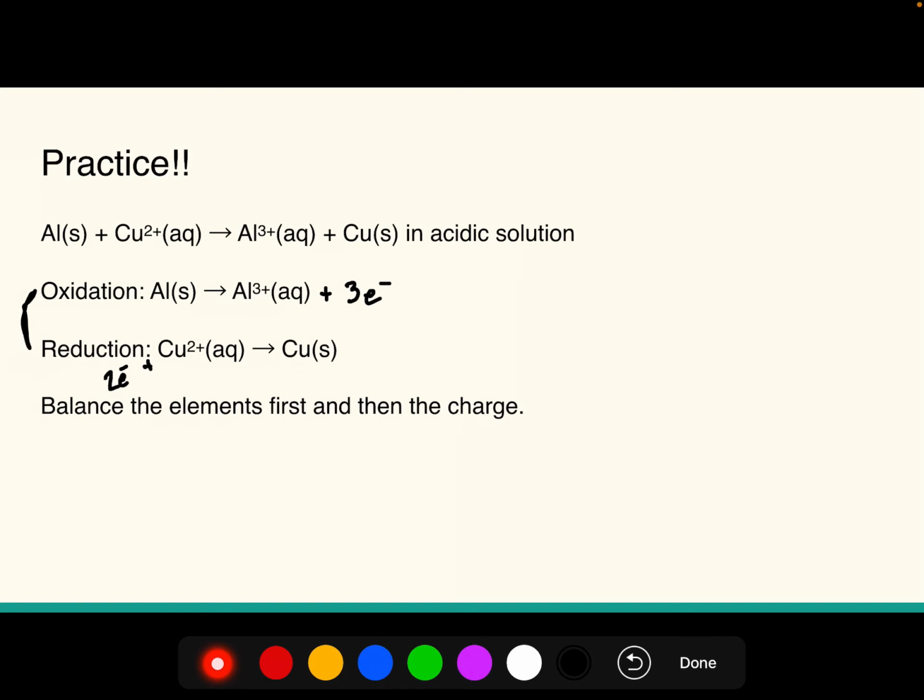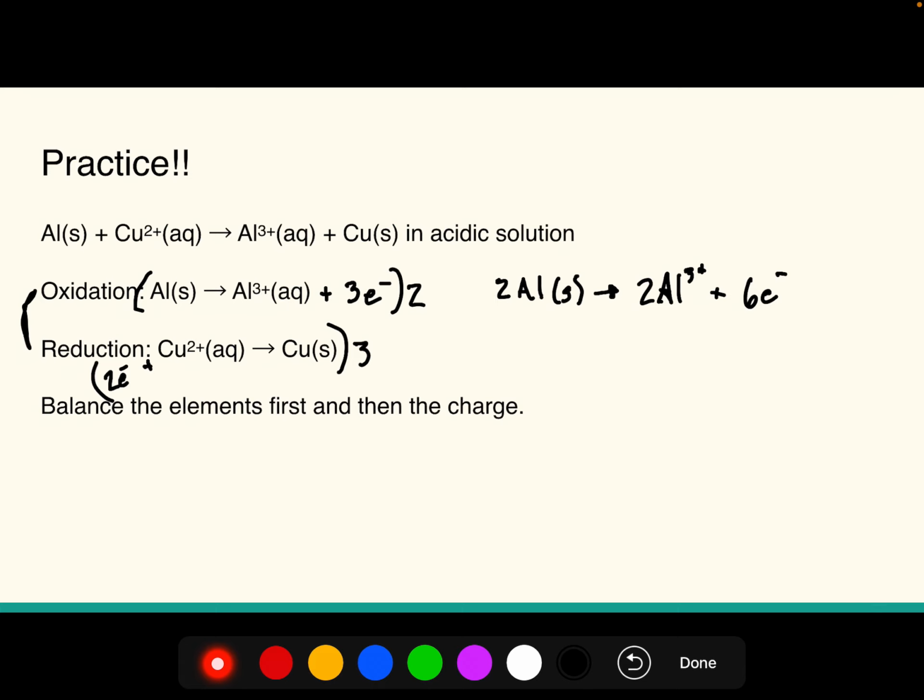Now, to recombine them, we have to make sure the amount of electrons transferred are equal. However many electrons the oxidation half gives, it's the same number the reduction takes. So we would multiply the top by 2 and the bottom by 3, so that we end up with 2Al gives me 2Al3+ and 6 electrons.